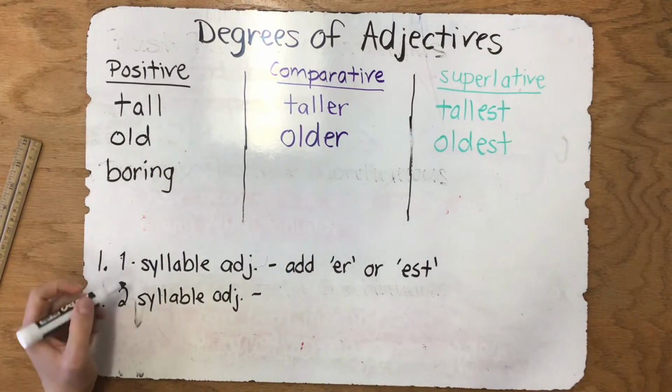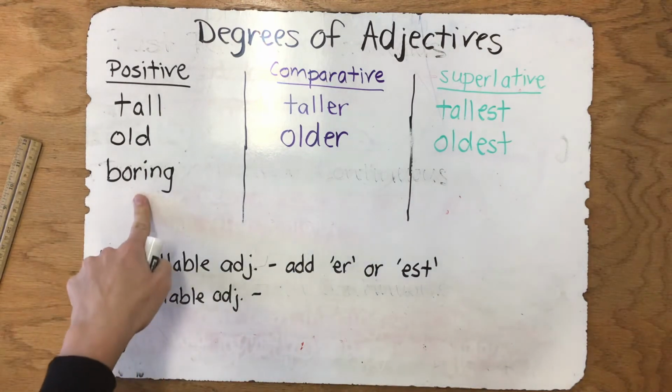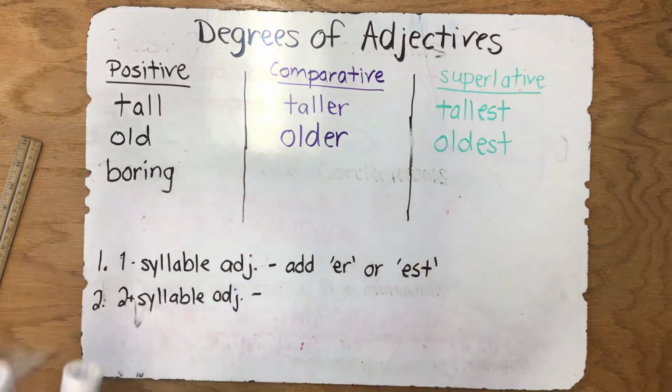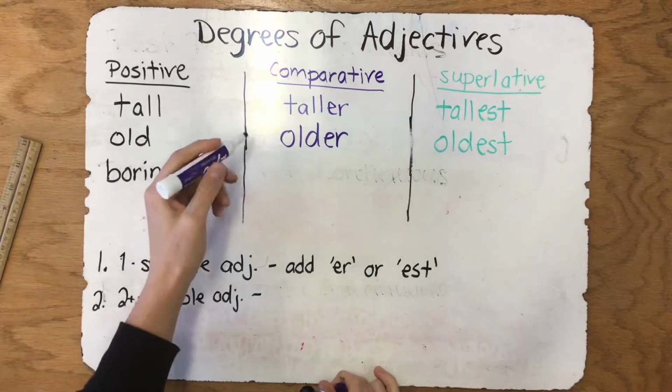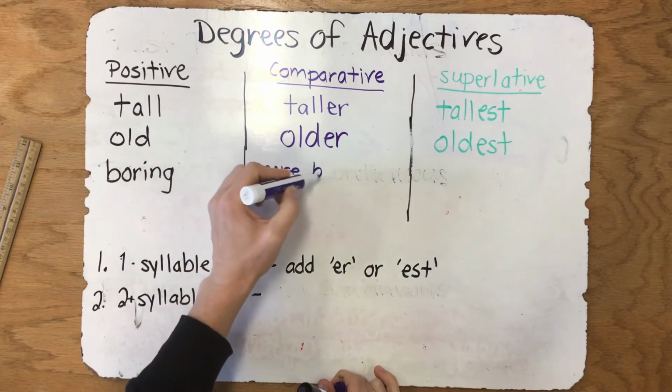I should say 2 plus syllables, because then we might have a word like interesting. So when you have 2 or more syllables, the rules change. We wouldn't say boringer. We would say more boring. So in the comparative adjectives, we would add the word more and keep boring.